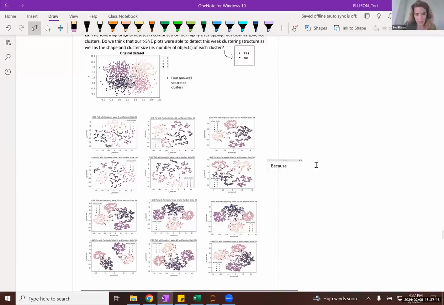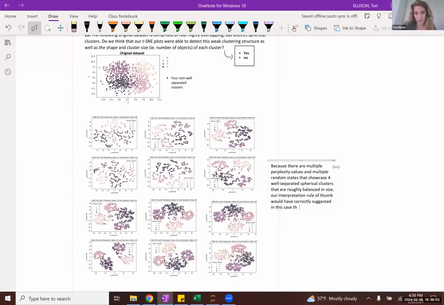So we can say, because there are multiple perplexity values and across multiple random states that showcase four well-separated spherical clusters that are roughly balanced in size, our interpretation rule of thumb would have correctly suggested in this case that this, in fact, is what is going on in the original data set.